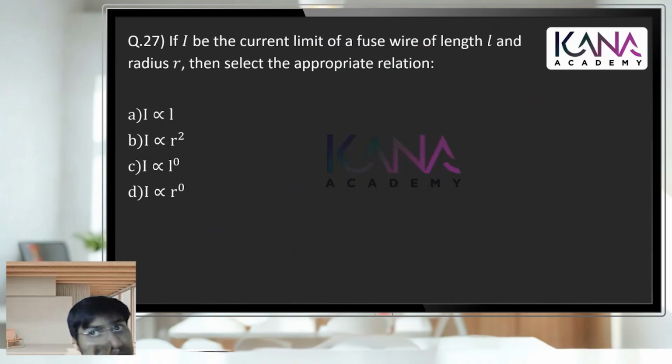So usually it's the heating per unit length that decides the fuse condition. Okay. So for a uniform wire, the limiting current depends on area.